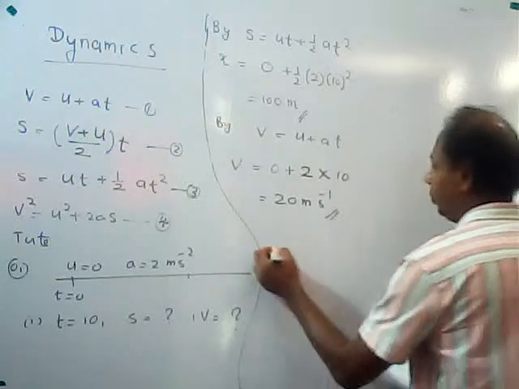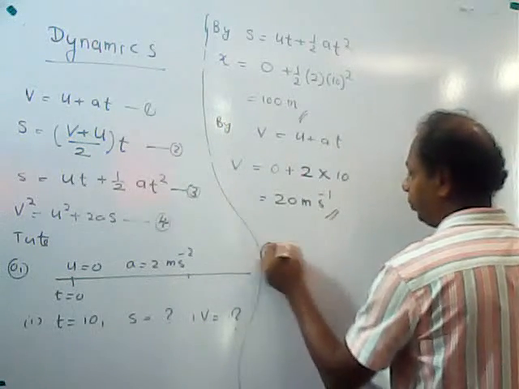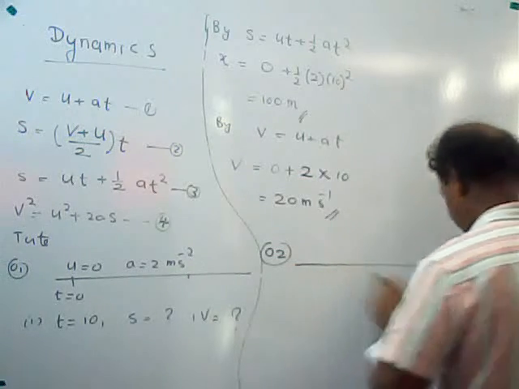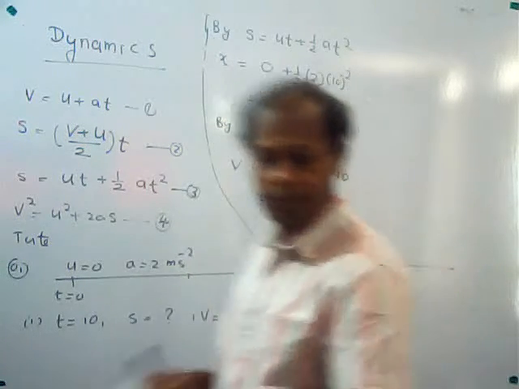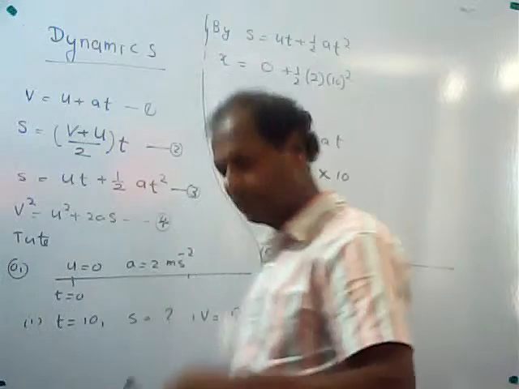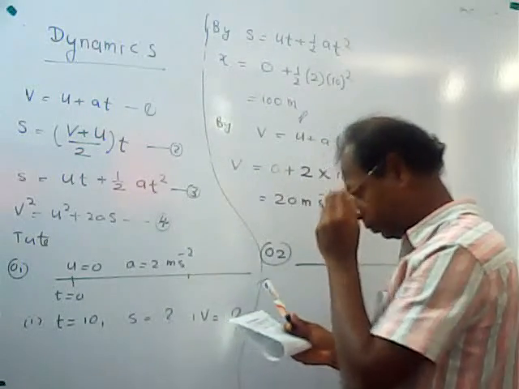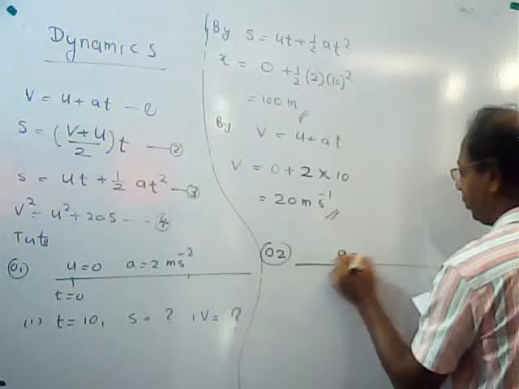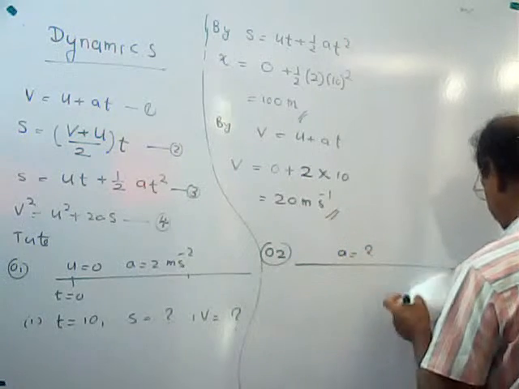Number 2, a particle that moves in a straight line. Acceleration is not given.